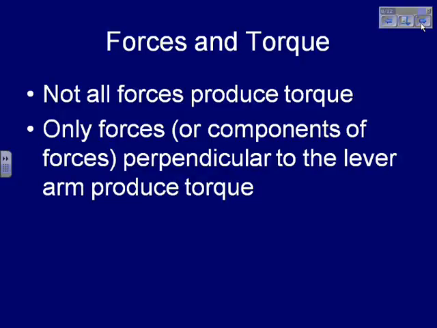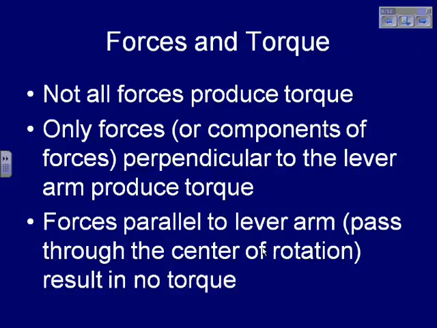I pushed towards the middle, right? And what happens? Nothing happens rotationally, because forces parallel to the lever arm, or forces that pass through the center of rotation, result in no torque. They may result in moving that object translationally or through space, but they won't cause it to spin. Is that good?